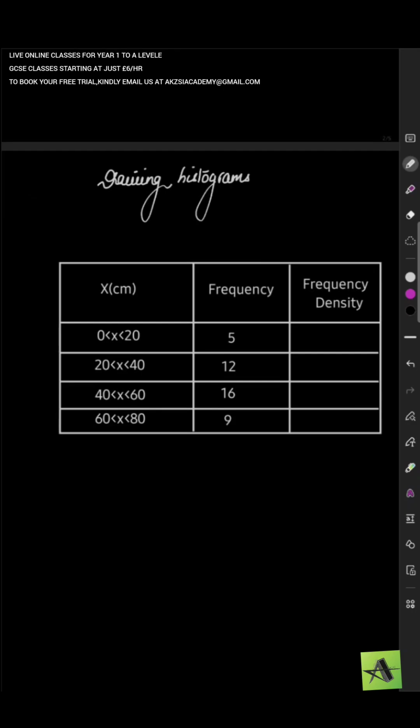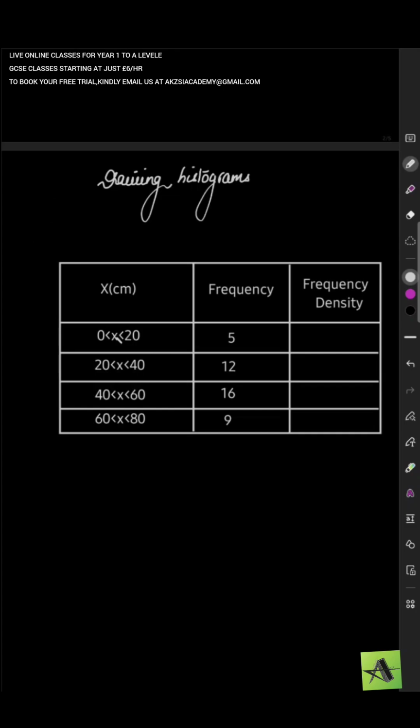We have sorted them into intervals: 0 to 20 kg, 20 to 40 kg, 40 to 60 kg, 60 to 80 kg. The frequency represents how many bags there are in this case. So there are 5 bags that have their weight between 0 and 20 kg.